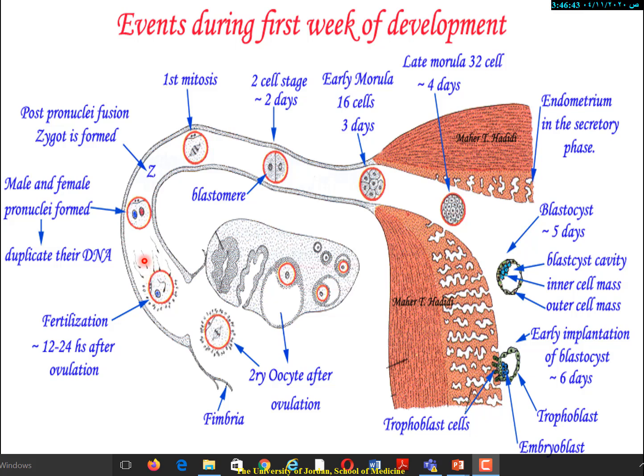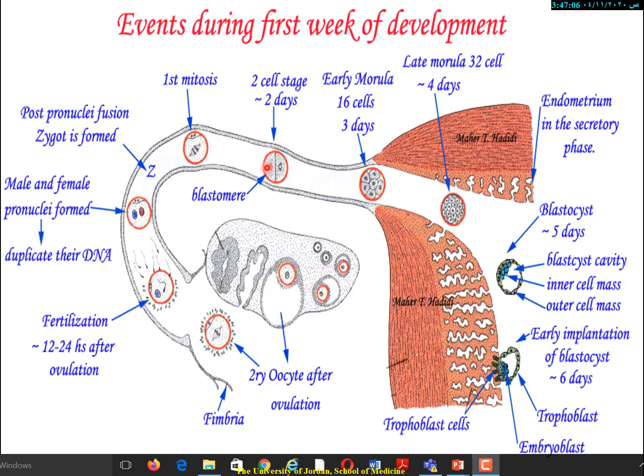Of course, it would move and would begin what we call the cleavage. What is the cleavage? It is a mitosis. Mitosis that increases the number rather than anything else of the cells. They become 2 cells, 4, then they become more and more.